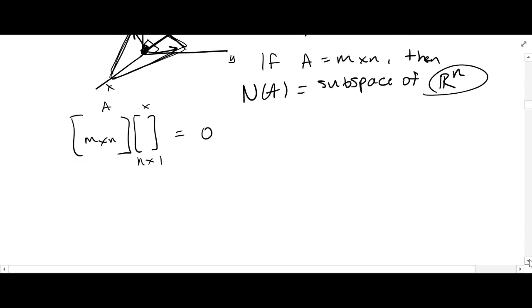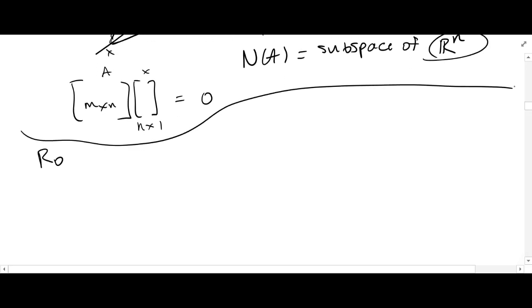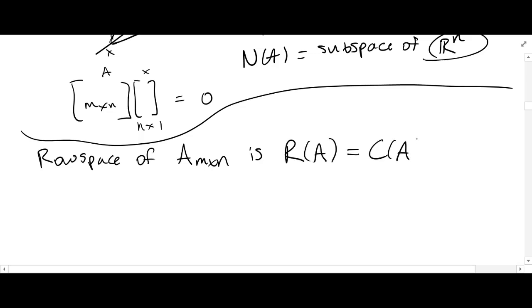Okay. The row space of an m by n matrix is the column space of A transpose. You can denote it R of A. So just turn the columns into rows and the rows into columns, and then boom, the column space of A transpose.